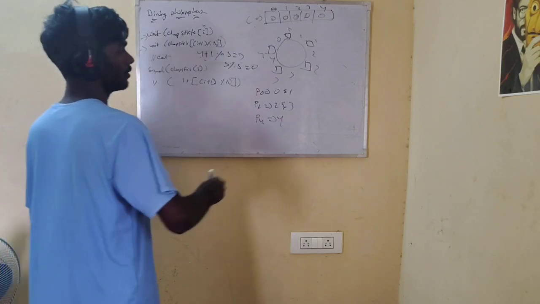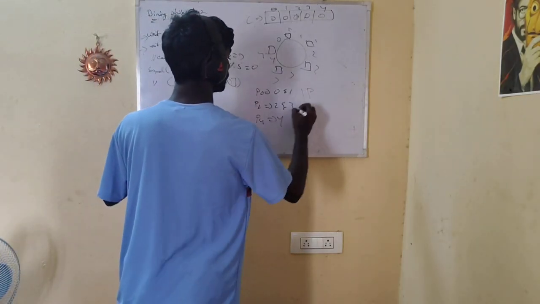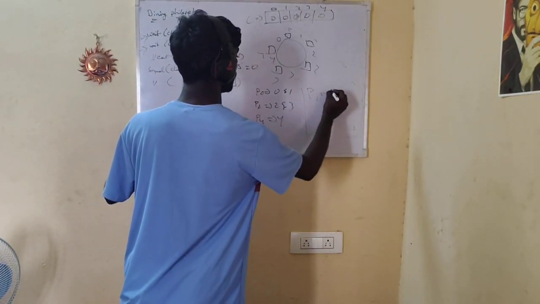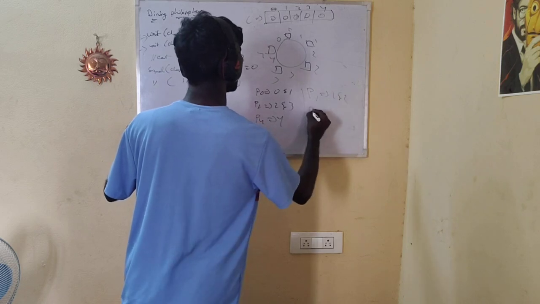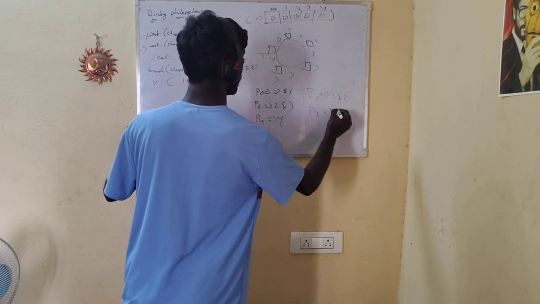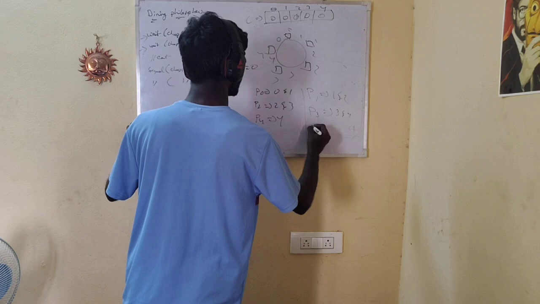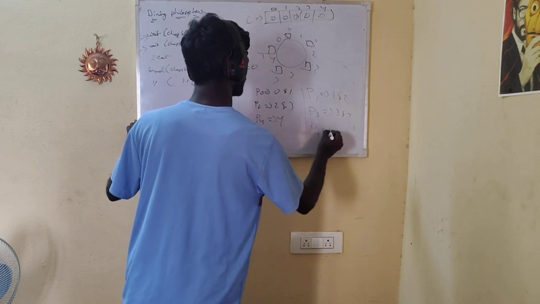Let us see. Now these are the chopsticks held, and P1 is waiting for 1 and 2, P3 is waiting for 3 and 4, P4 is waiting for 0.